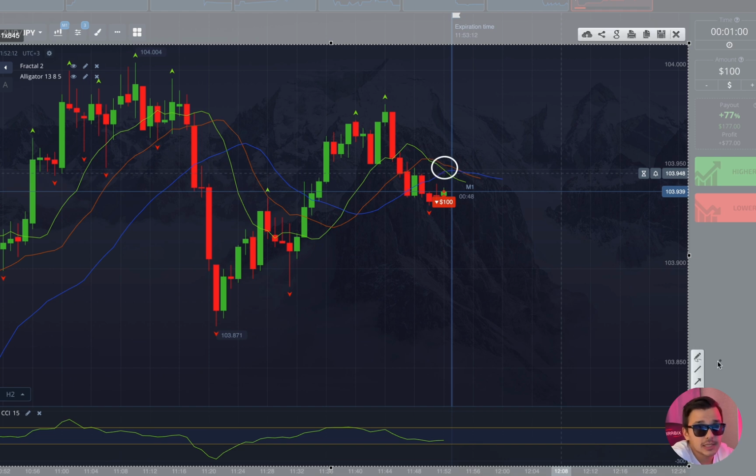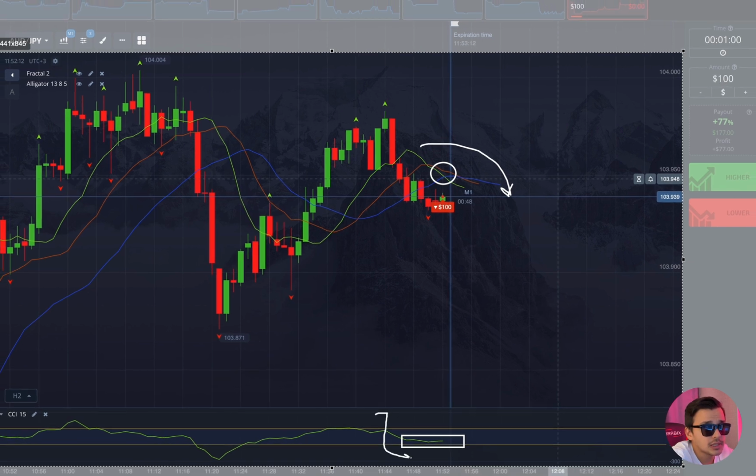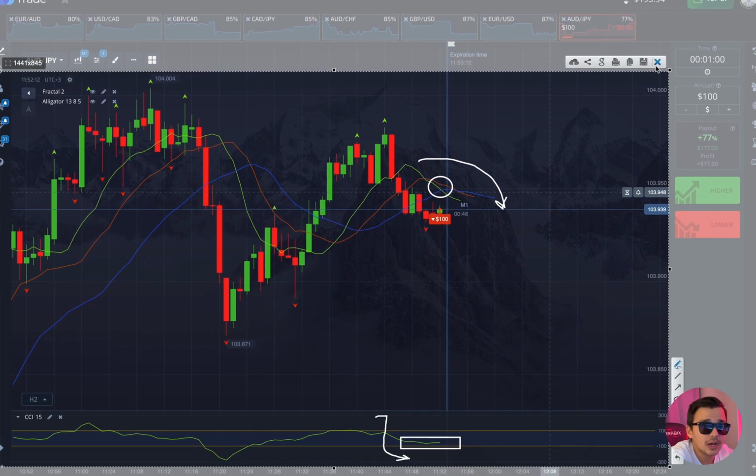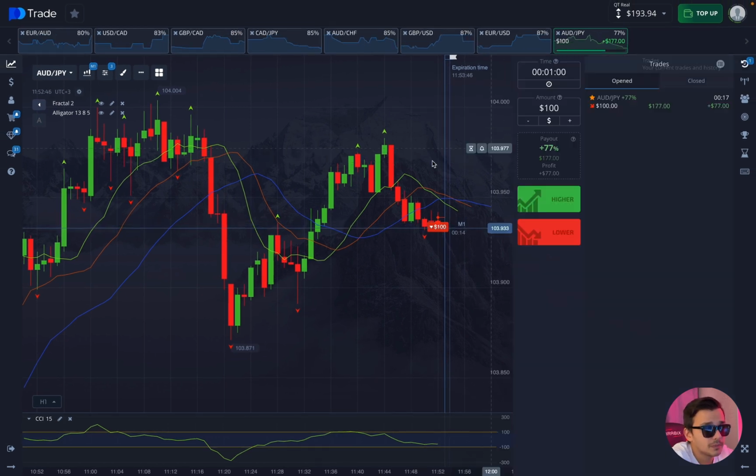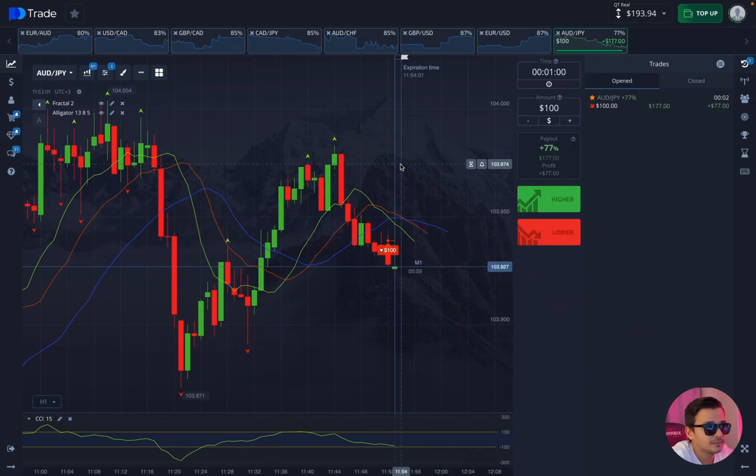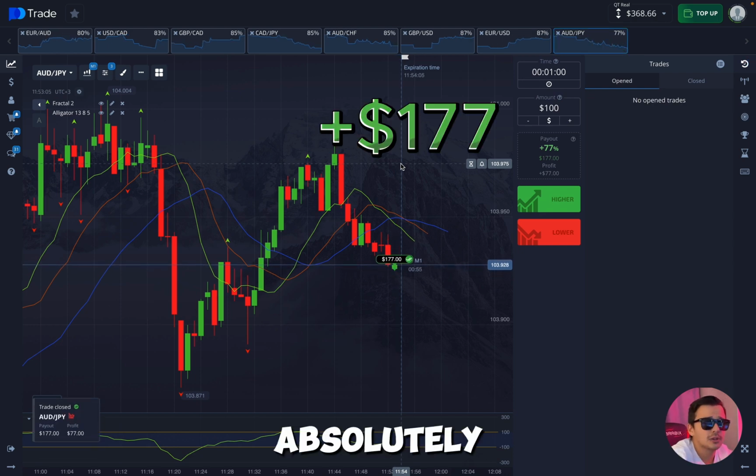Despite the fact that the local minimum is being updated here, the moving line on the oscillator has not touched the oversold area yet. So in this case, I conclude that further dynamics can go down. So I open a trade on the downside. Look. And here again, I was absolutely right.